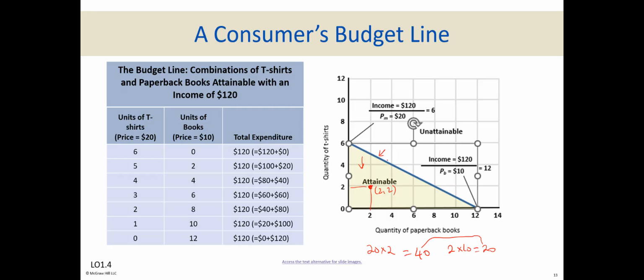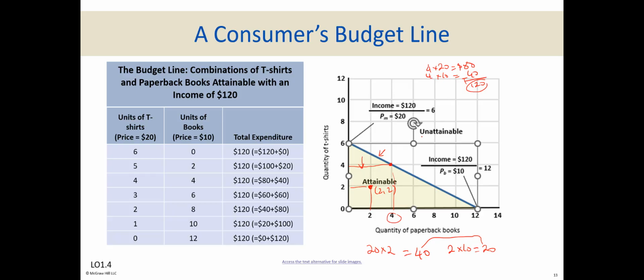However, on the budget constraint, you spend all your income. For instance, here, let's assume you're at this point. 4 t-shirts, 4 times 20, you spend $80. And here, 4 books, 4 times 10, $40, for a total of $120, which is your income. So anything on the budget line, you spend all your income.